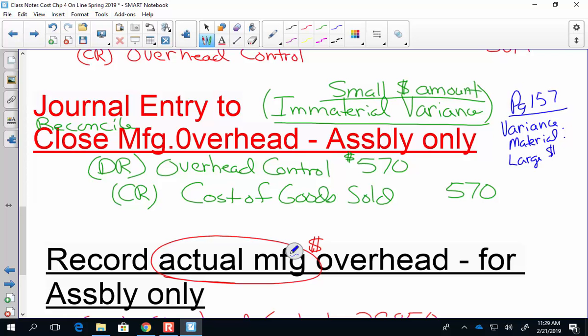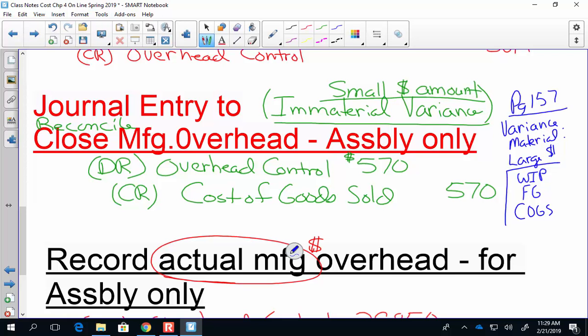If the dollar amount of this over or under applied is large, then we have to allocate that across our inventories with finished goods and cost of goods sold. All three get some portion of that over or under applied amount.